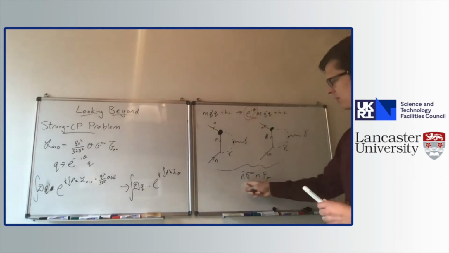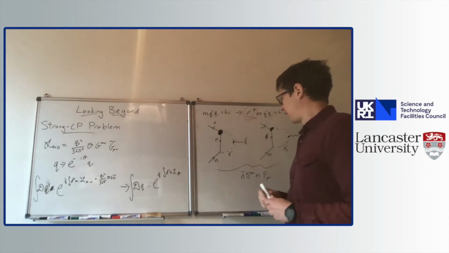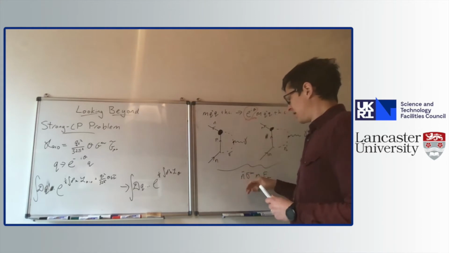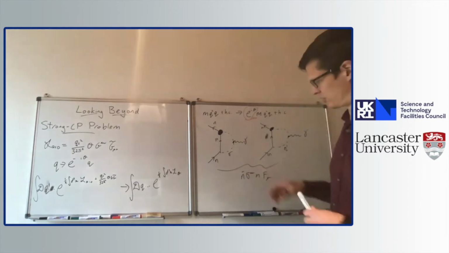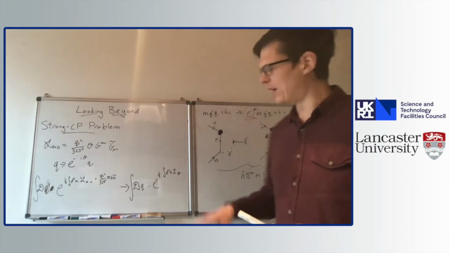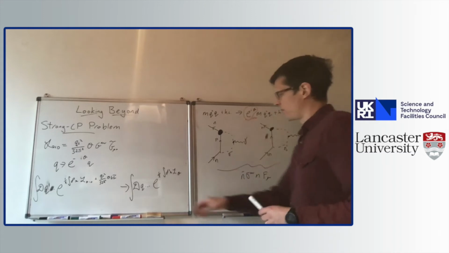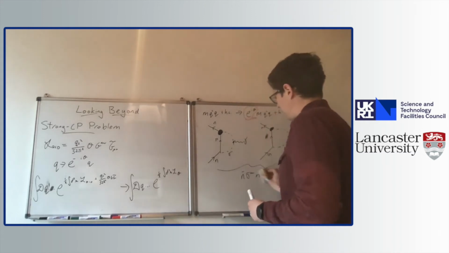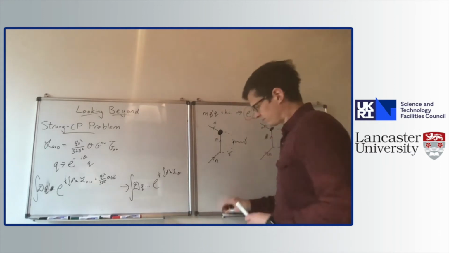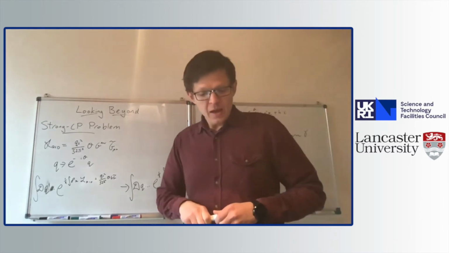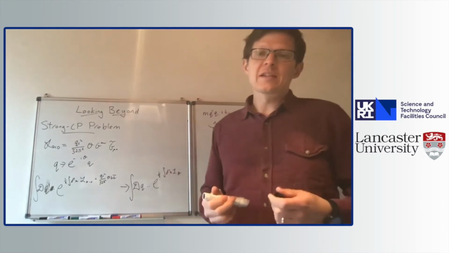But here I'm working in terms of the neutron EDM, because the neutron is Dirac, and it looks like this in terms of Dirac spinors. So I probably shouldn't have written that operator down. Anyway, it's an electric dipole moment for the neutron.